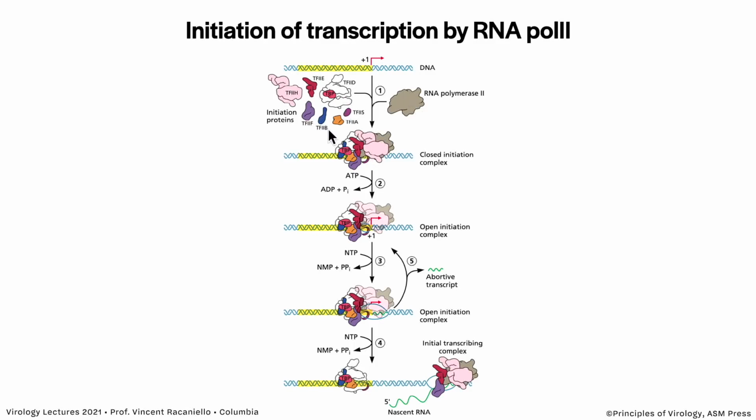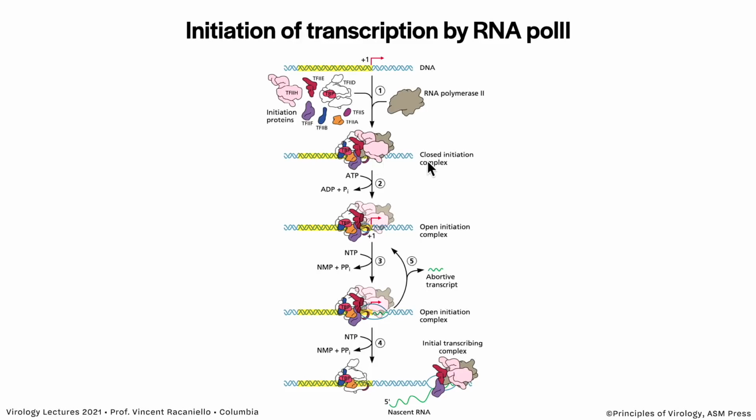But look at all these other proteins called initiation proteins that are needed, including TFIID, the protein that binds the TATA box, but all these others as well. They will facilitate polymerase binding to the promoter. And many of these have specific binding sites in the promoter region.